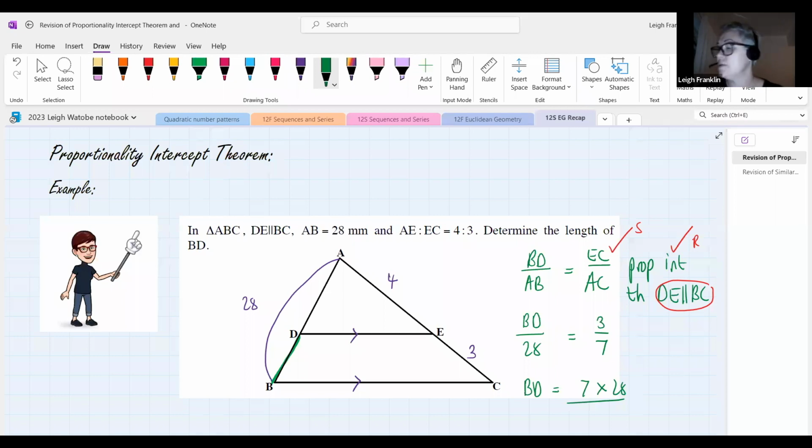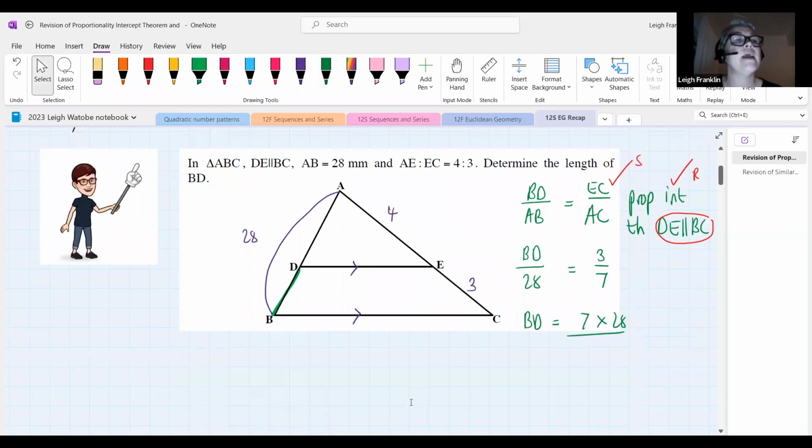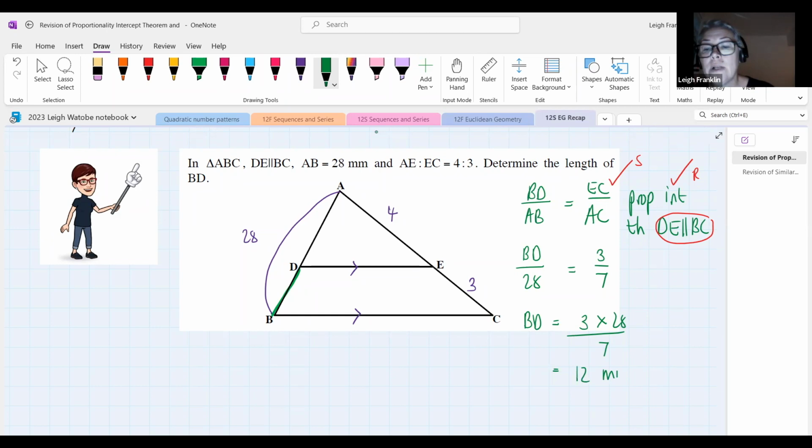Sorry, I'm talking nonsense. 3 times 28 over 7. We don't need a calculator here because we know that 28 divided by 7 is 4, and 3 times 4 is 12. You're not going to get any extra marks for writing millimeters, but I'm adding it in. Then there would be a mark for our answer.